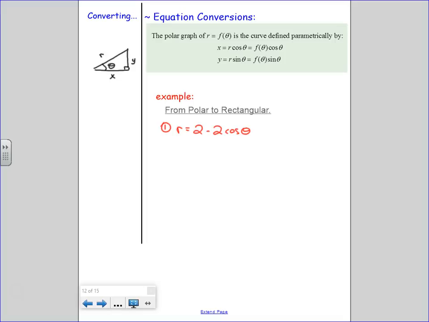True, but then what? You could move the 2r to the left side and factor out an r. Okay, so that's one, right? If we were to multiply both sides by r, we'd have r squared is equal to 2r minus 2r cosine theta. And Gerardo is saying, hey, that sounds fun because then I can just say r cosine theta is x.